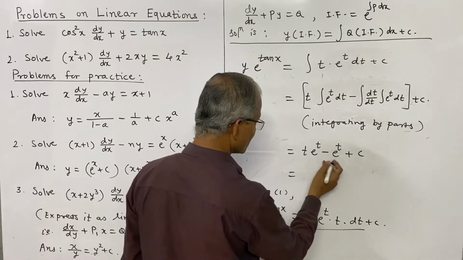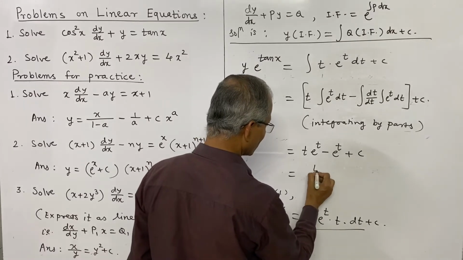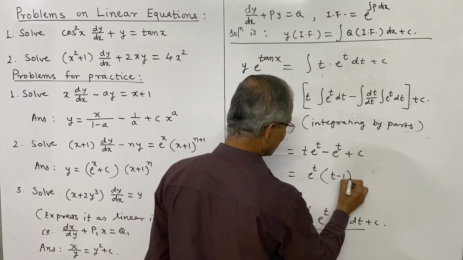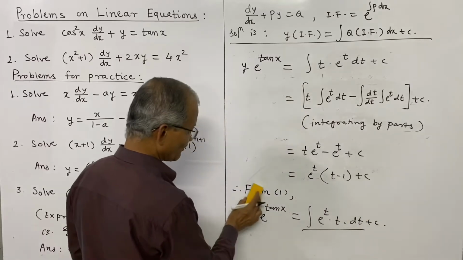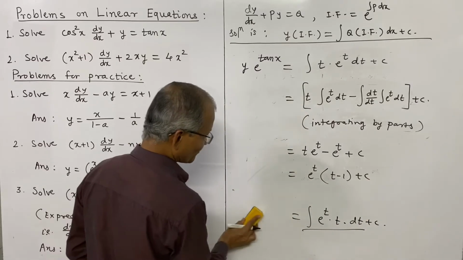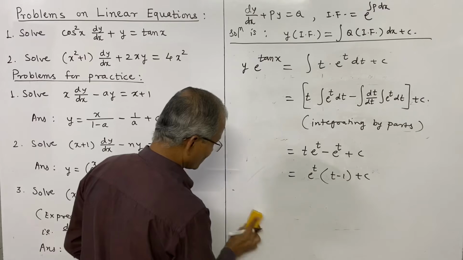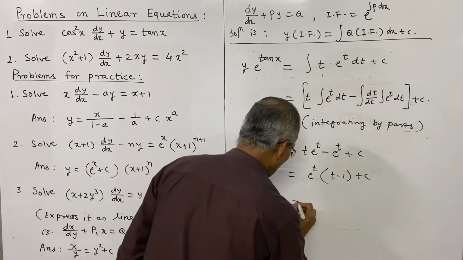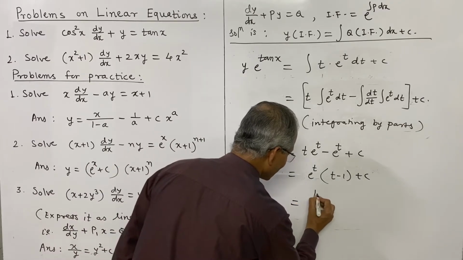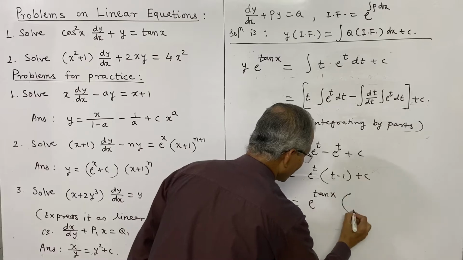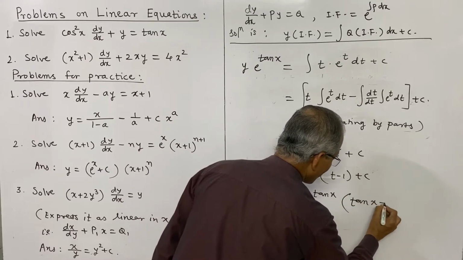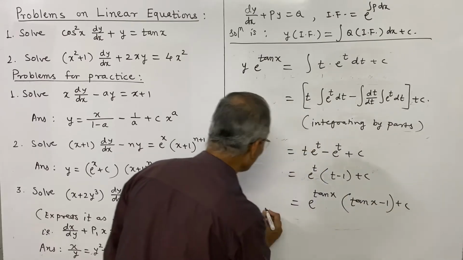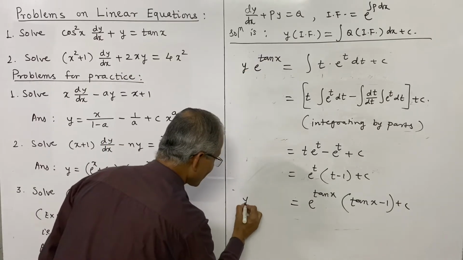Or this can be taken common, e to the power t is common, t minus 1 remains, and finally we put the value of t. T is tan x, so that is e power tan x in bracket tan x minus 1 plus c, and left side is y into e power tan x.